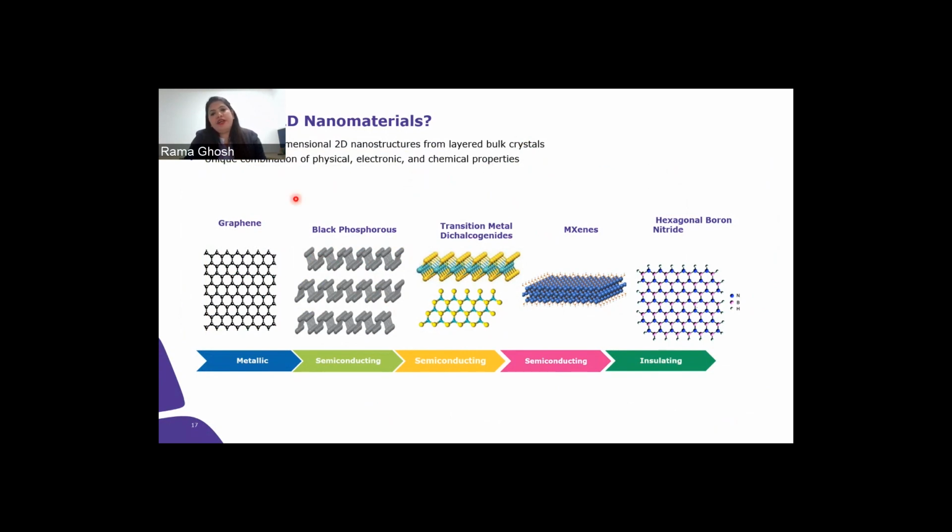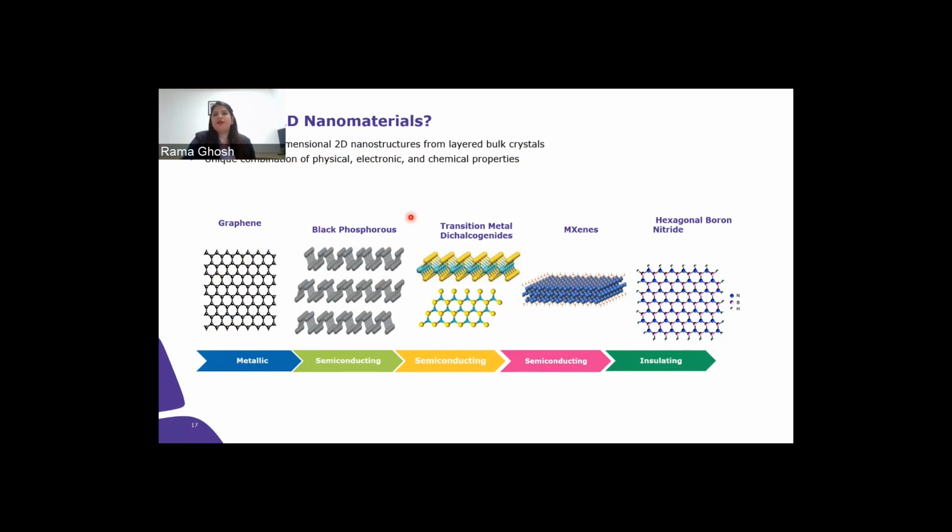So if you see here graphene, black phosphorus, transition metal dichalcogenides, MXenes, hexagonal boron nitride, they range from metallic to semiconducting, then insulating. Every type of 2D material has its own electronic properties.